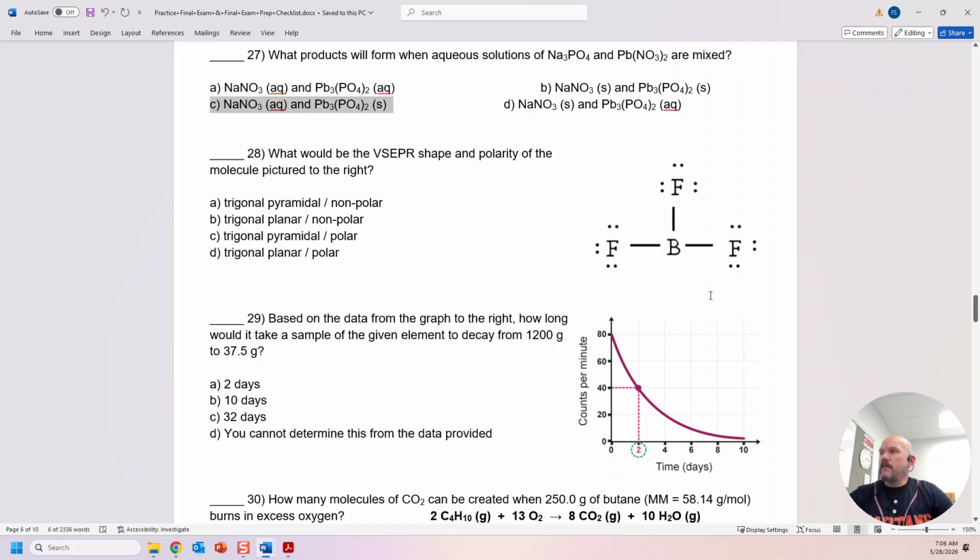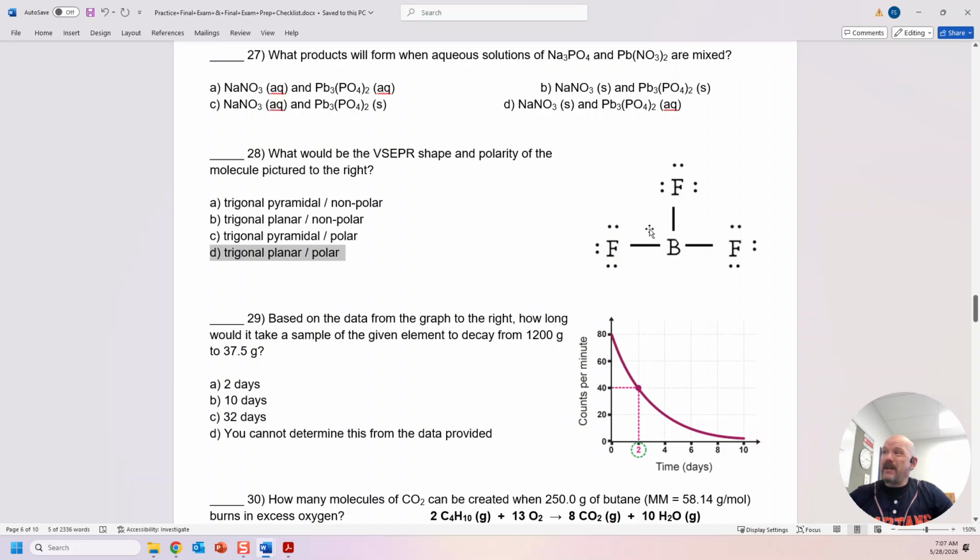We should understand that because there are no lone pairs on the boron, and these things coming off of the boron are fluorine, and they're all the same. This is a symmetrical molecule, so it's nonpolar. So we could eliminate answer choice C, and we could eliminate answer choice D because we know it's nonpolar. Okay, it has polar bonds, but it's a nonpolar molecule.